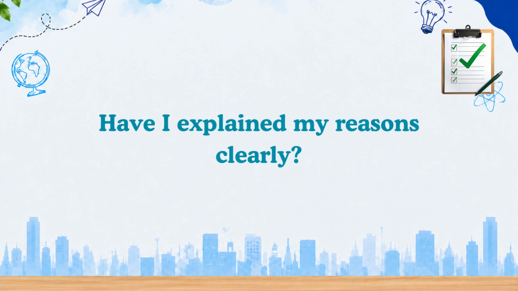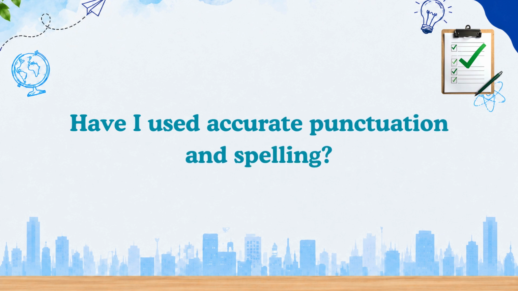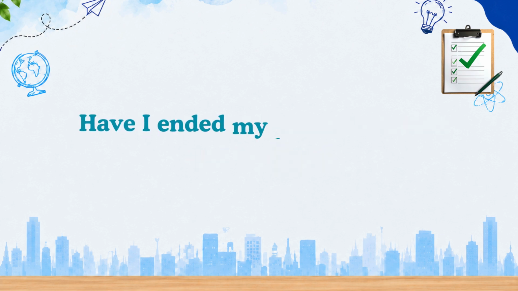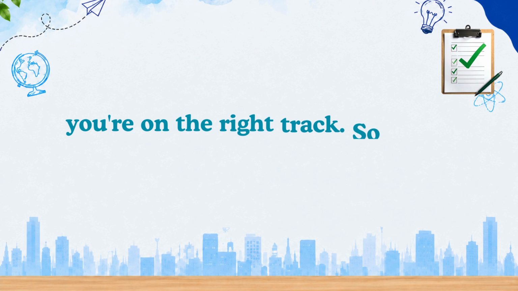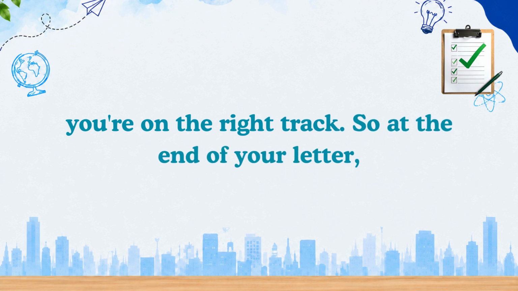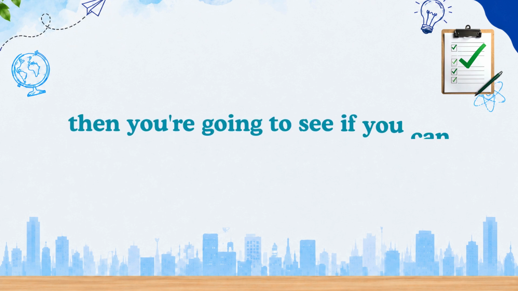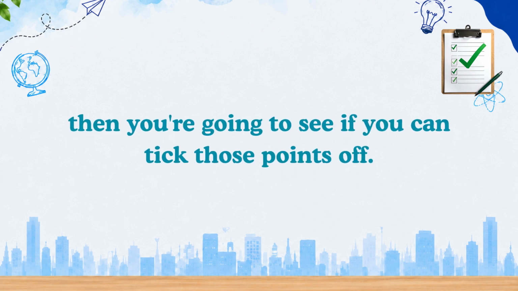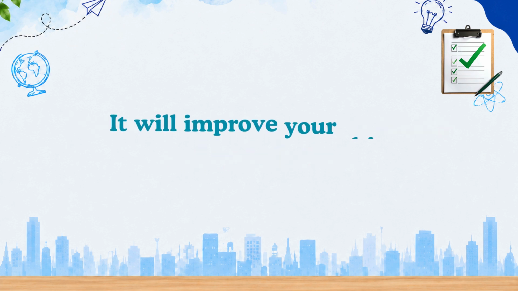Have I explained my reasons clearly? Have I used accurate punctuation and spelling? Have I ended my letter politely? If you can answer yes to each question, you're on the right track. So at the end of your letter, you're going to read it and see if you can tick those points off. If you can't tick all of them off, try and include that. It will improve your writing.